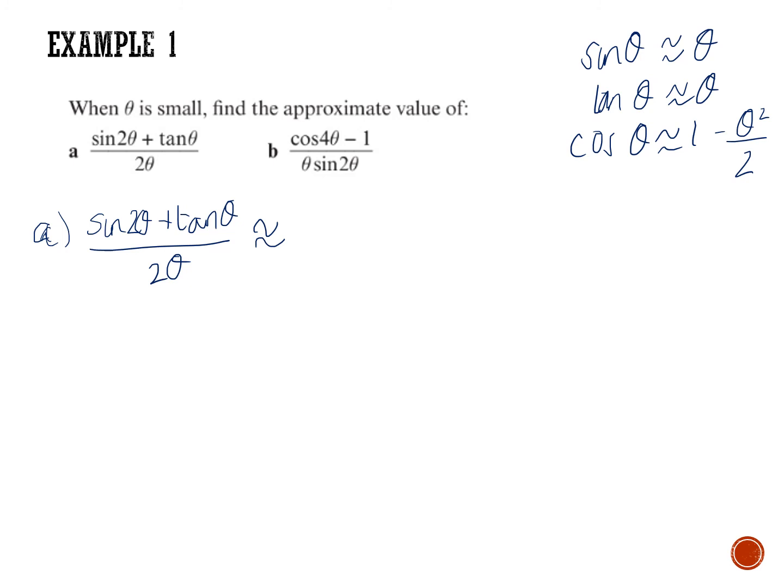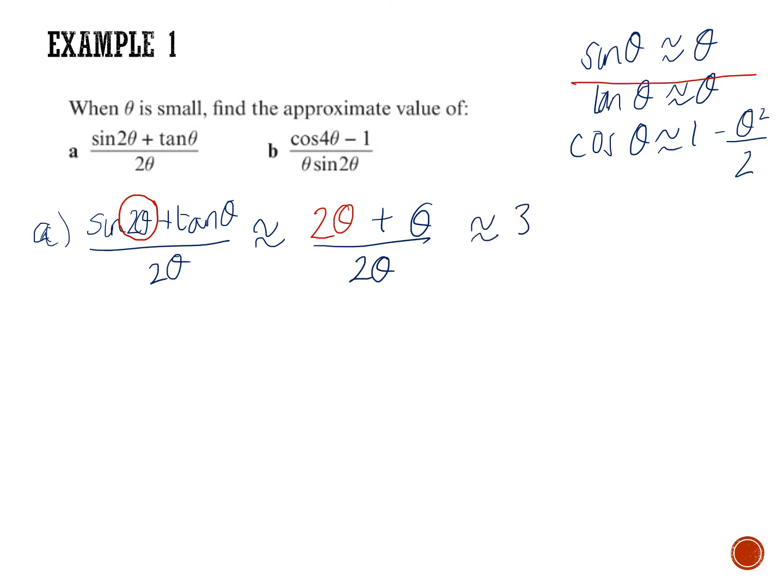Now make sure you're doing sine 2 theta, so using this, sine 2 theta is approximately equal to 2 theta. All right, so make sure you replace it with whatever the argument is. Tan theta approximately equal to theta, and we've got the 2 theta on the bottom.